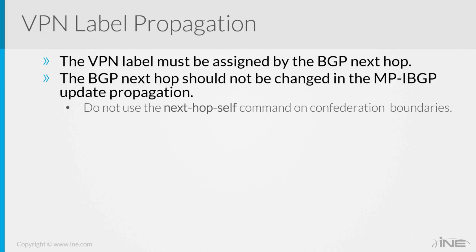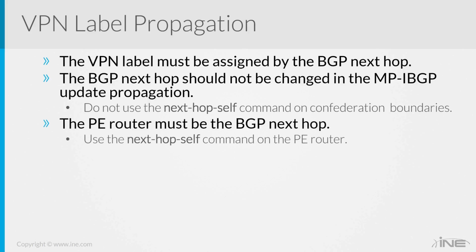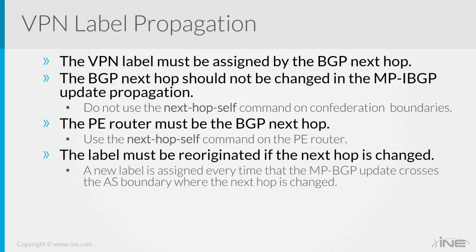The BGP next hop should not be changed in the multi-protocol IBGP update propagation. So do not use the next-hop-self command on confederation boundaries. The PE router must be the BGP next hop. So you use the next-hop-self command on the PE router, which we have done in the past. The label must be re-originated if the next hop is changed.